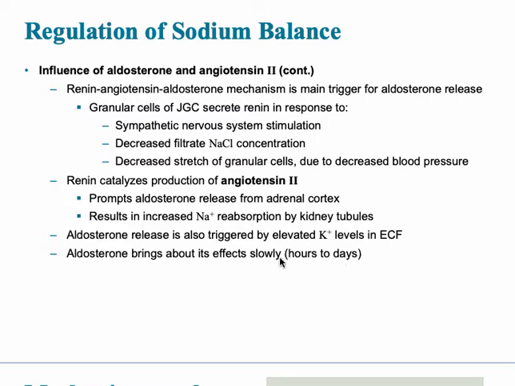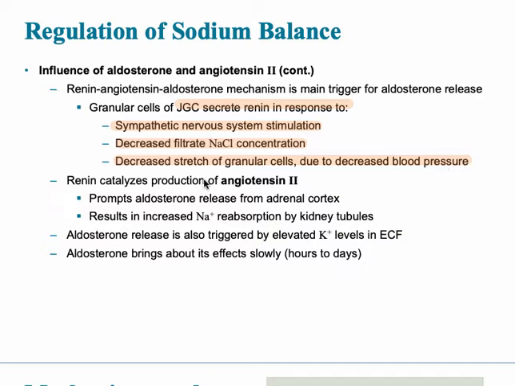And one of the main triggers for the aldosterone then is the renin-angiotensin aldosterone system. So one of the triggers is the granular cells of the juxtaglomerular apparatus that secrete renin, and they do this in response to various stimuli, one of which is the nerve stimuli, the sympathetic nervous system stimulation, less salt that's in the filtrate, and also a decreased stretch of the granular cells because there's decreased blood pressure.